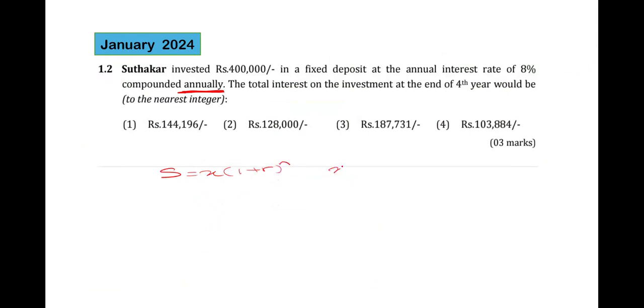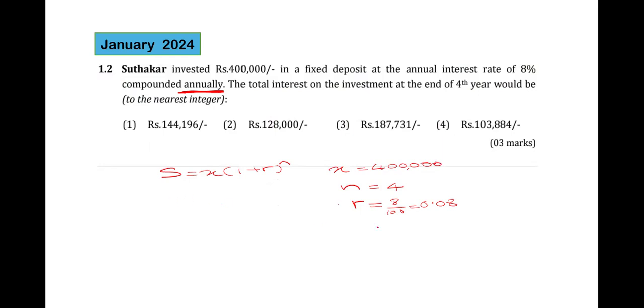We can take x as 1,000. N equals the number of years, 4. R should be the annual interest rate, 8%, so you can take 8 over 100, which is 0.08.